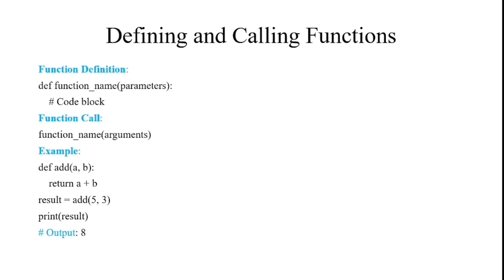Like in this example, we have defined a function add, and we have passed two arguments, a and b. The function returns the sum of the two arguments, and in result we have called result is equal to add. Now here we have called the function just by typing the name of the function and passing the arguments. So just to call the function, you have to just write the name of the function and the arguments in the brackets.